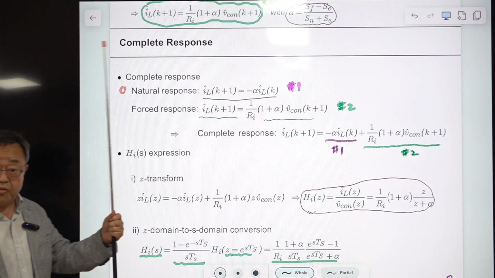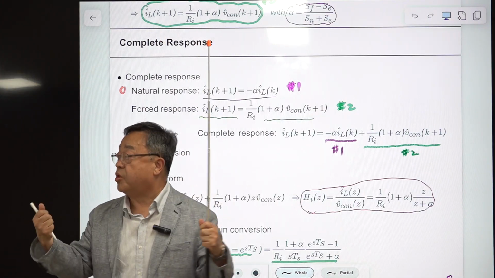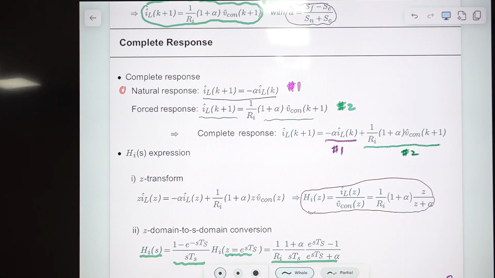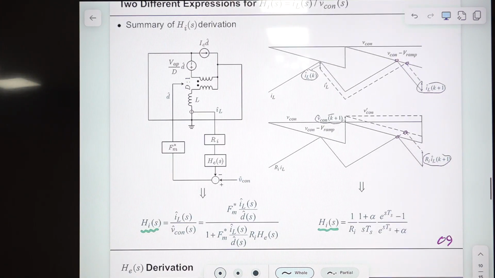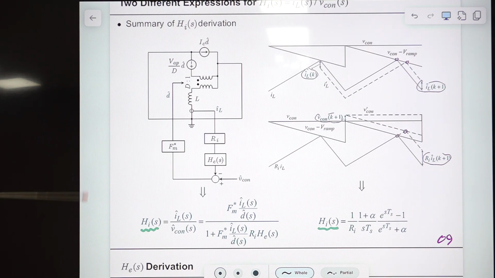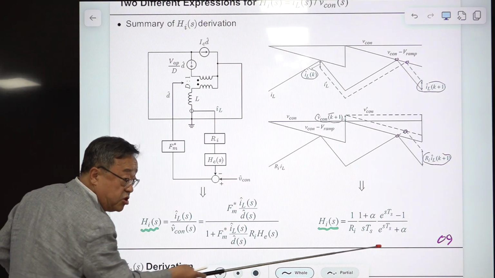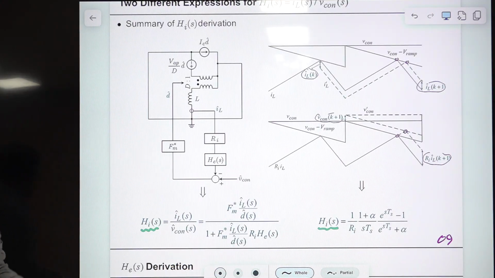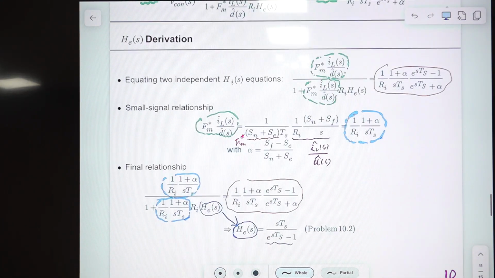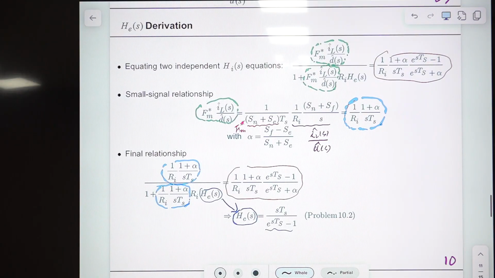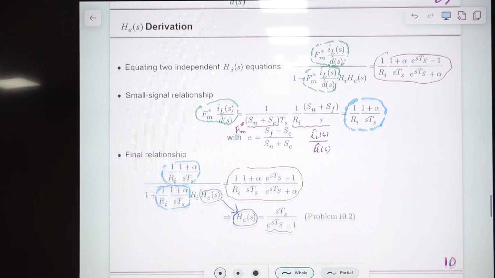You first derive the first equation from the block diagram. Differentiation is shown here. Okay, so summary of derivation. We did this directly. We wrote down here, and from these control waveforms, we derive this equation, and we equate them together here. Okay, so the HIS expression is shown here.